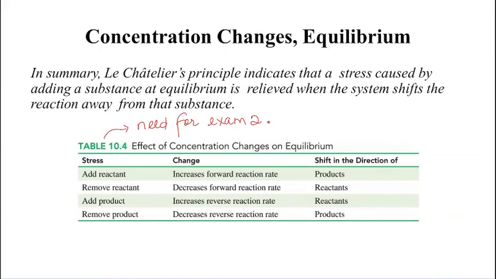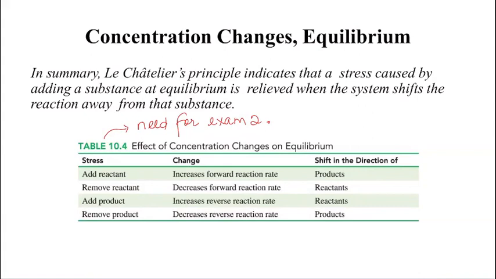If you remove reactant, then that decreases the reaction rate of the forward direction. But that means that it increases the one in the reverse direction. It's just that this is going to give you, in terms of the rate of the reaction, only half of the story. When we are adding product, we are going to increase the rate of the reverse reaction. When we remove products, this means that we are going to decrease the reverse reaction.